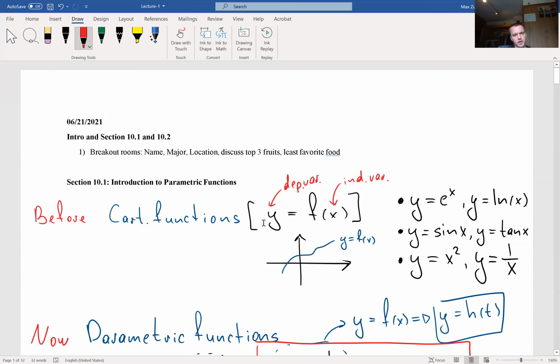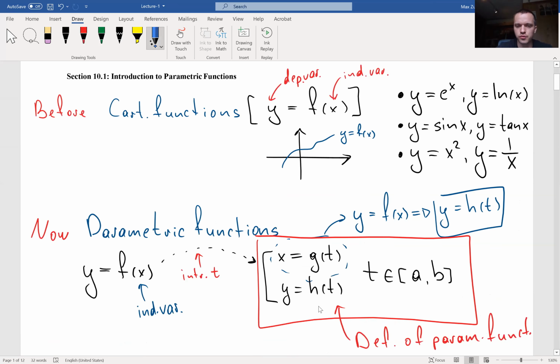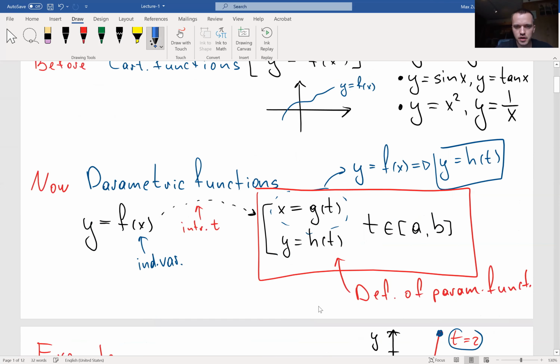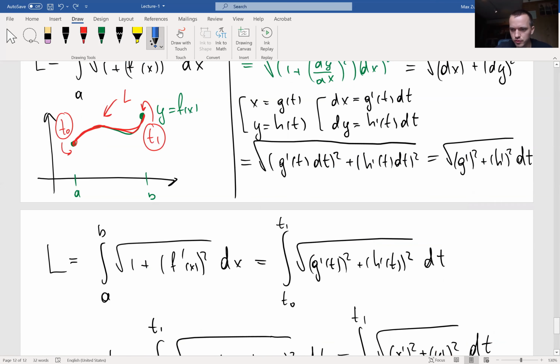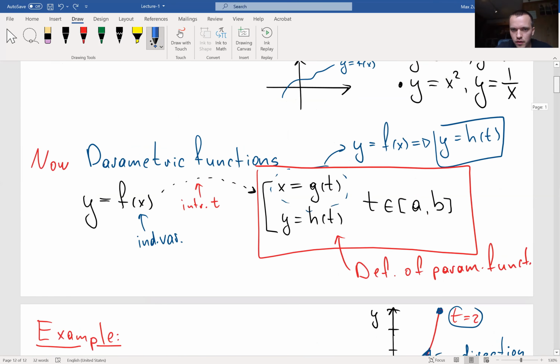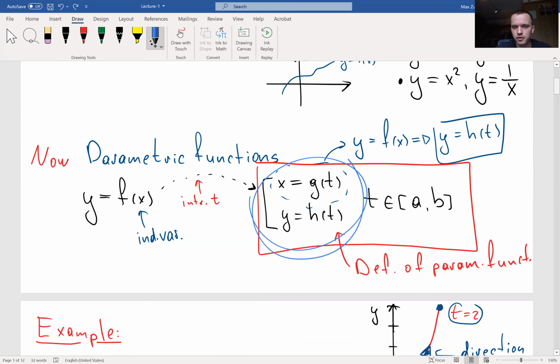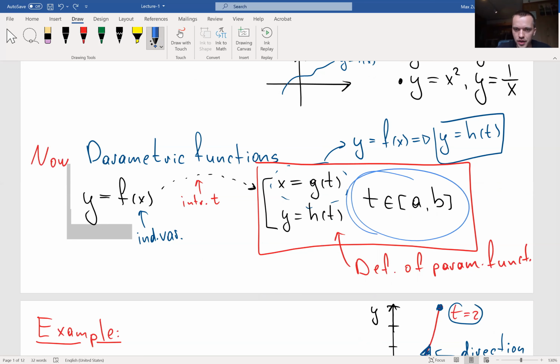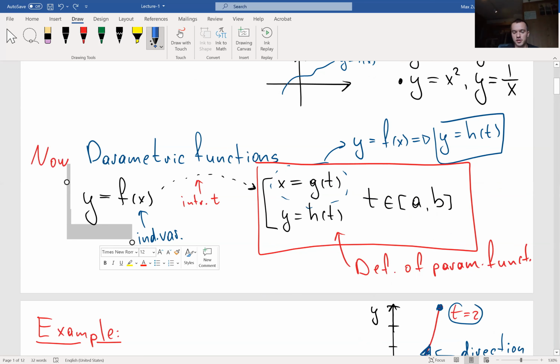So first, we got introduced to a new concept, which is parametric equations. A parametric equation is an equation of this form, when we have x in terms of some function, then we have y in terms of some function, and they depend on the new parameter t, when t changes between certain values.